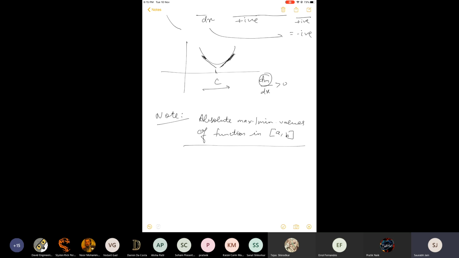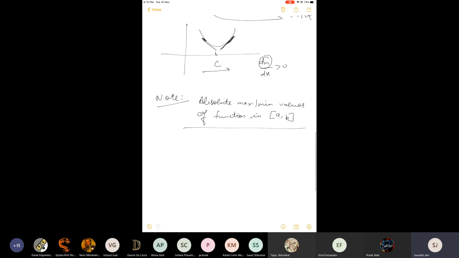For example, some interval a to b closed is given, and you have to find the absolute maximum, and that also for a differentiable function. Now the question is how to find absolute, because for local maxima minima we have understood the second derivative test and first derivative test, but there is no test as such for absolute maximum minimum.